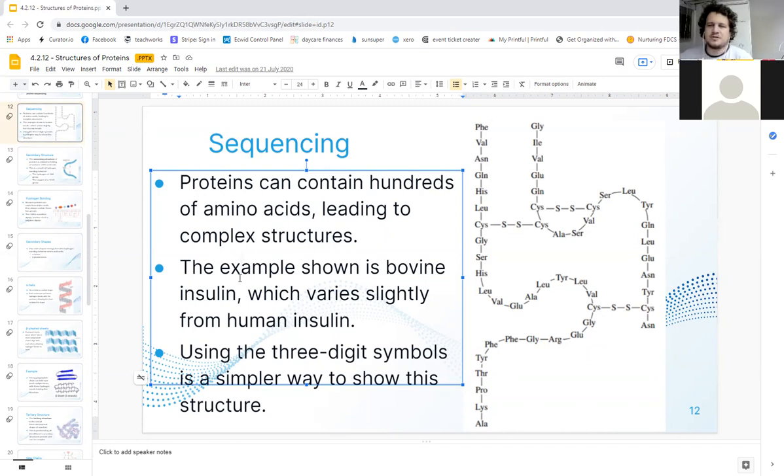Unfortunately, because it was ever so slightly different by 3 amino acids, even though that doesn't sound like much at all, the body knew that it wasn't human. And eventually, it learned how to just destroy it as soon as it was injected. So the primary structure has a massive flow-on effect to the other structures.